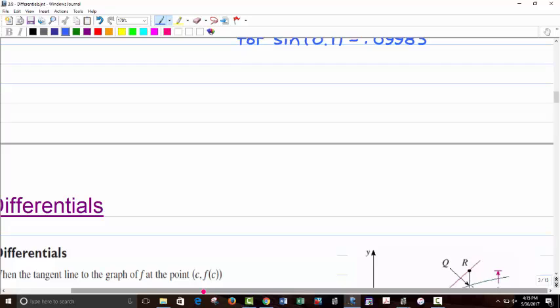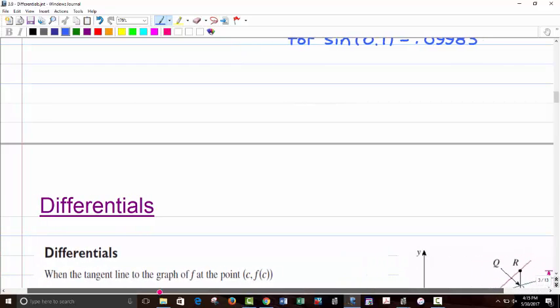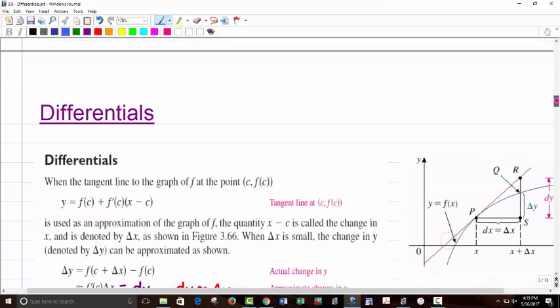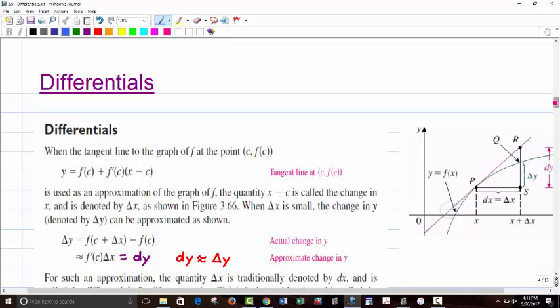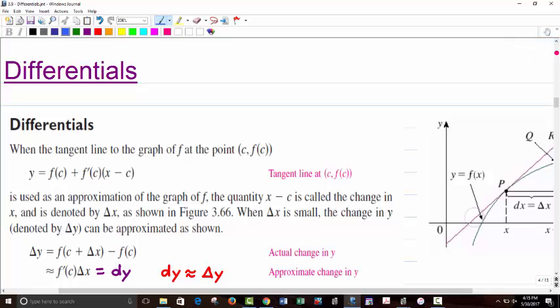Now it's time to move on to the highlight of the chapter here, differentials. I mean, the section highlighted, not the entire chapter, just this section. Differentials, after you see it here, you never see it again unless you take Cal 3. Then it comes back.